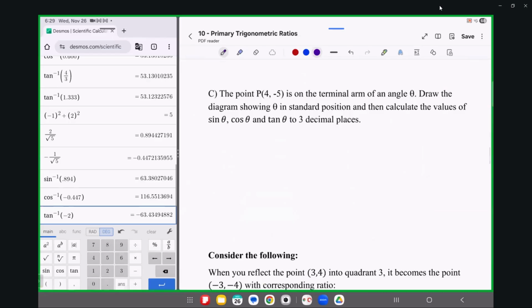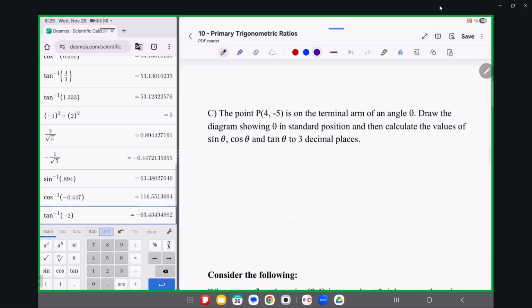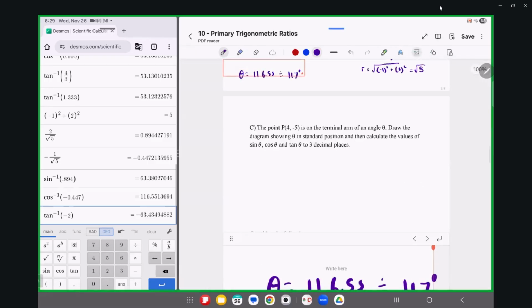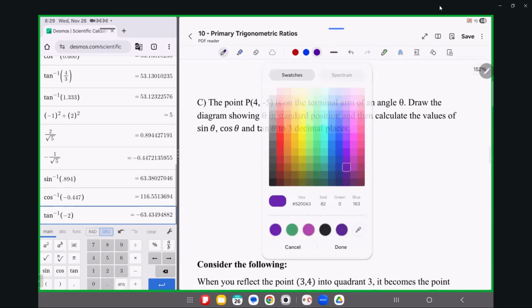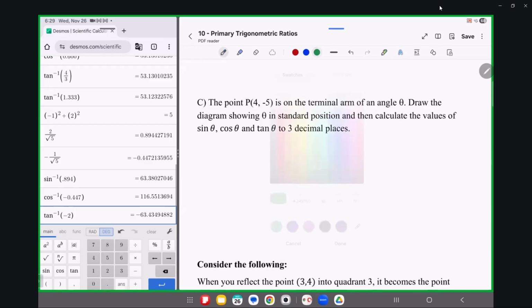Okay, letter C is a similar situation. Now we're talking about the point P, which is given by 4, -5, and we're going to do the exact same thing again. Let's go with black, and let's sketch this in.